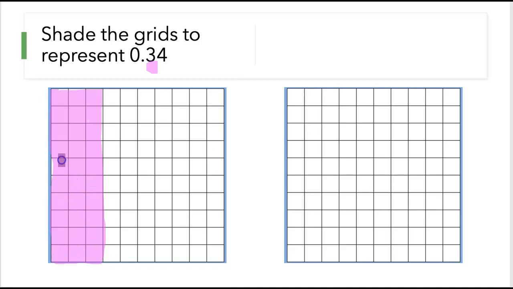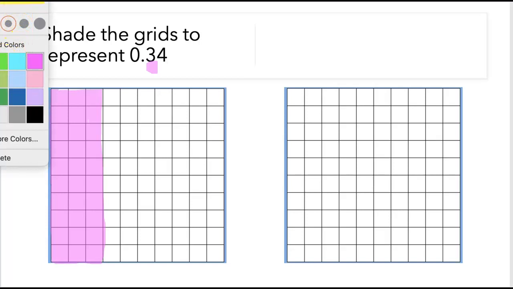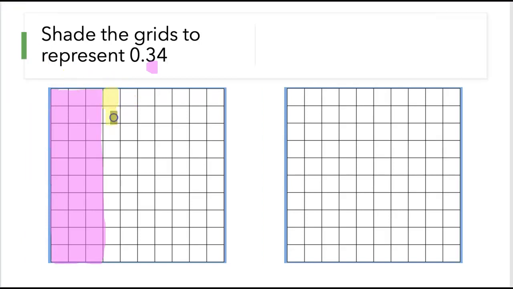That's 3 tenths. And then I'm going to shade 4 hundredths. So 1, 2, 3, and then 4. So this represents 34 hundredths, because I've got 30 that are pink, 4 more that are yellow, 34 hundredths out of this one whole. I hope that made sense.